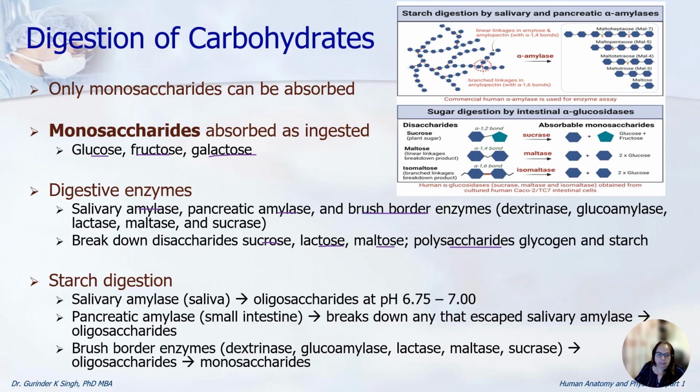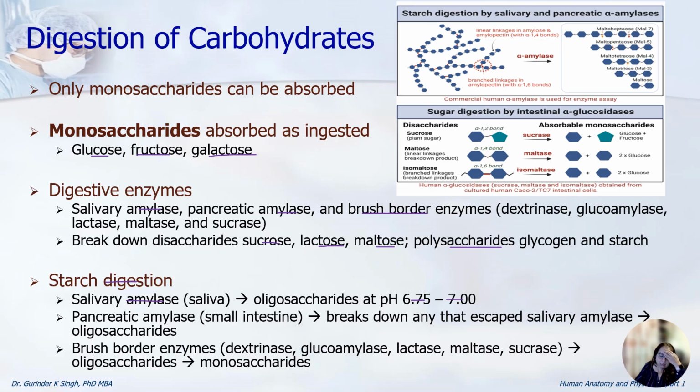So when starch is digested, the salivary amylase actually breaks it down into oligosaccharides, and the pH of the mouth is approximately 6.75 to 7. The pancreatic amylases do the work in the small intestine, and they break down whatever the salivary amylases couldn't break, and they produce small chunks of the sugars that are known as oligosaccharides.